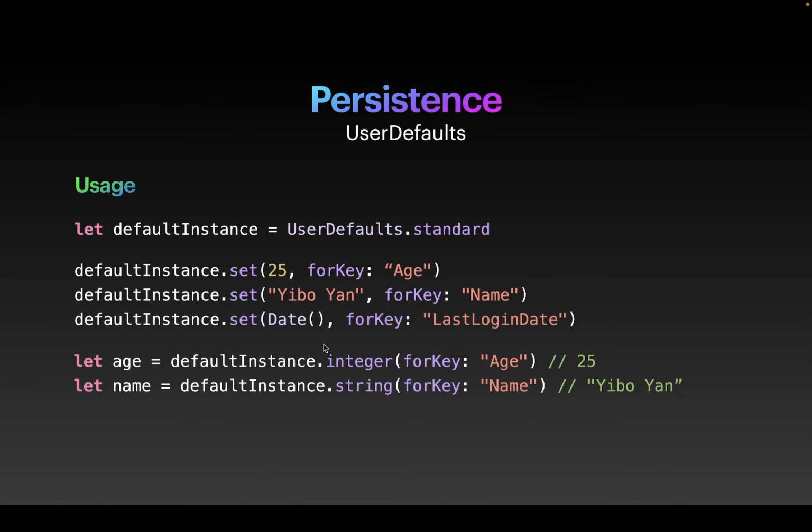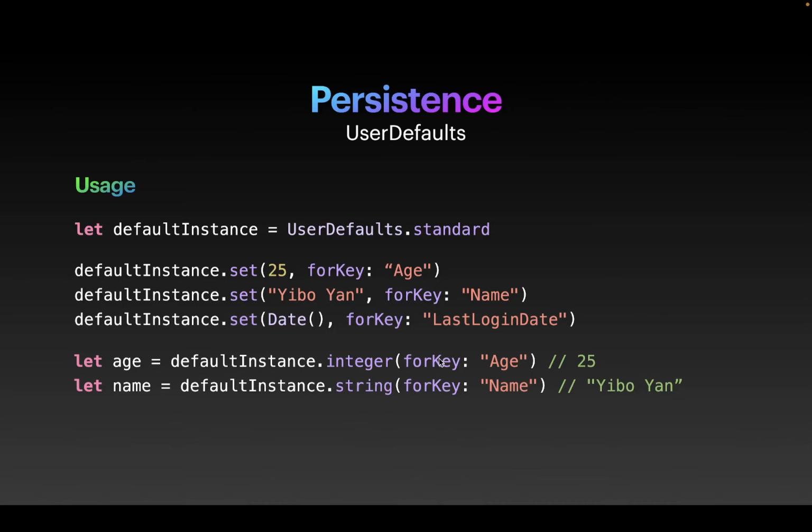For example, I can call the integer function on the default instance, and this time I'm going to fetch the data with the key age. In this case, it's going to return 25, because we set that data before. Is that clear?